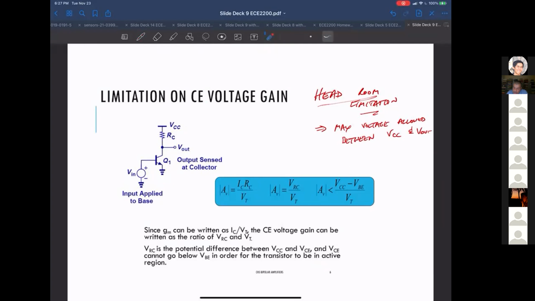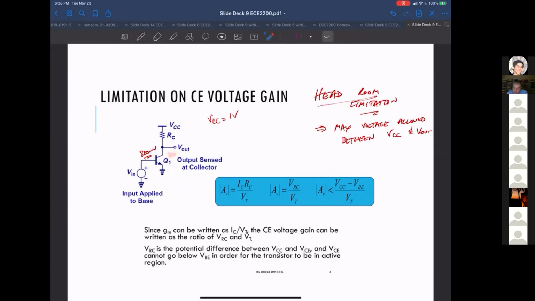If your VCC is very low, for example, let's say VCC is 1 volt. I need at least 800 millivolts at the base to have this guy be in forward active.